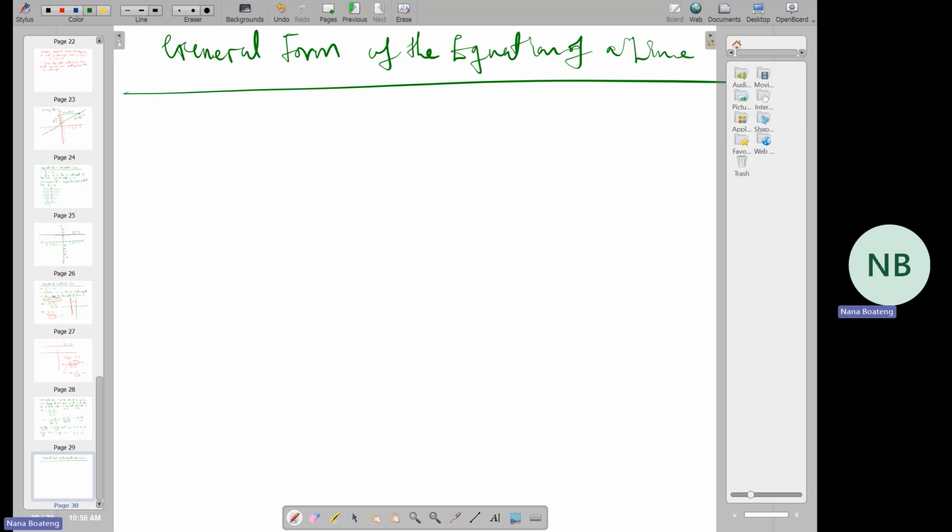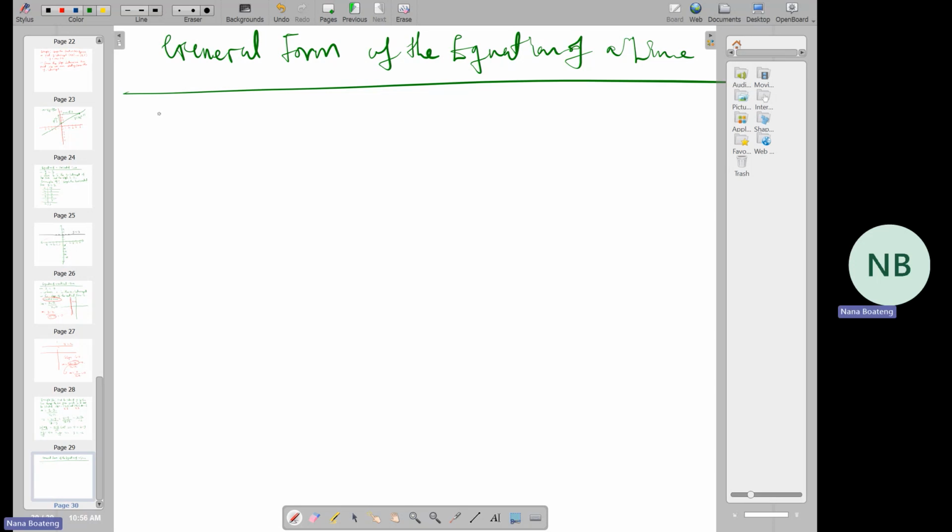So every line can be written in the general form ax plus by plus c is equal to 0, where a, b, c are real numbers, and a and b cannot both be 0.